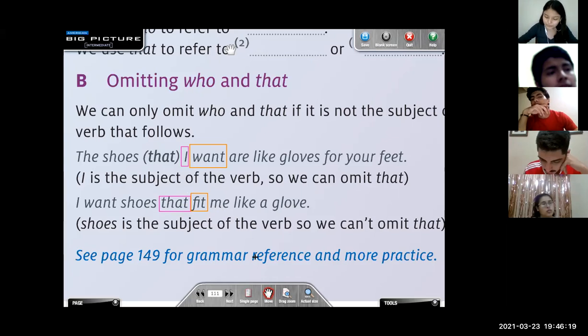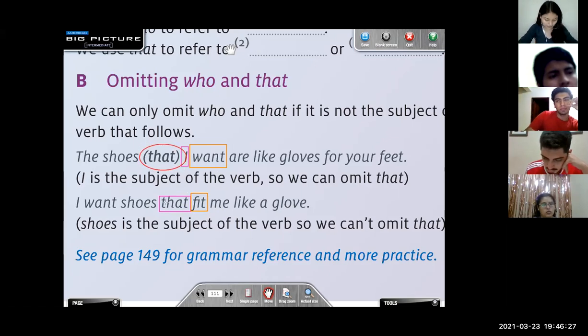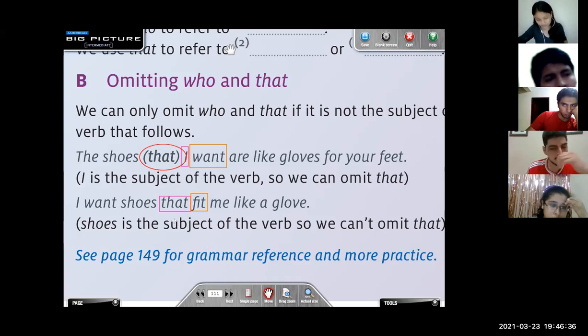Lo mismo que vimos anteriormente. Entonces podríamos omitir that. Podemos omitirlo, por eso está entre paréntesis, podemos ponerlo o no. Pero este that no podemos omitirlo, porque es el sujeto de nuestra oración, de nuestra clause. ¿Ok? ¿Alguna pregunta acerca de esto?